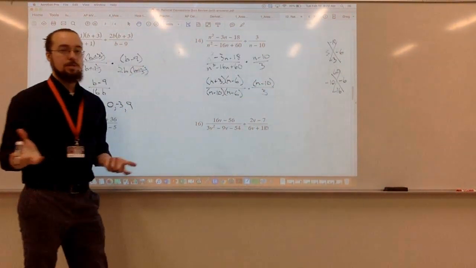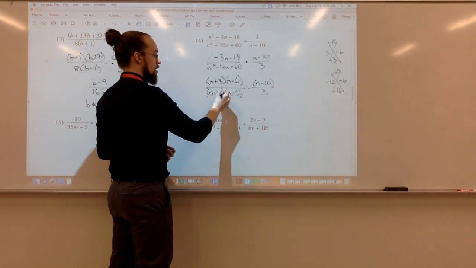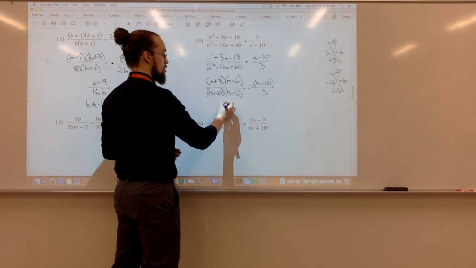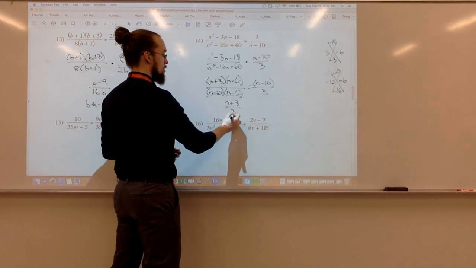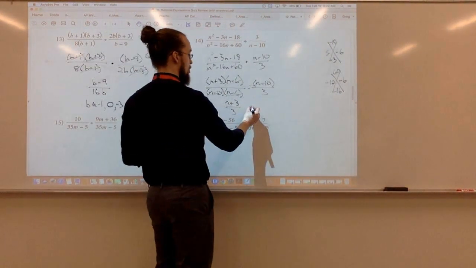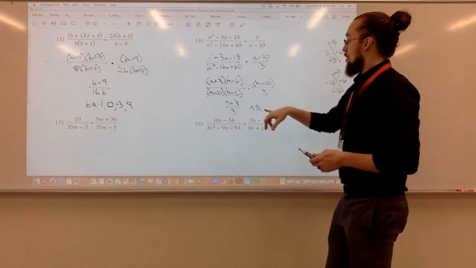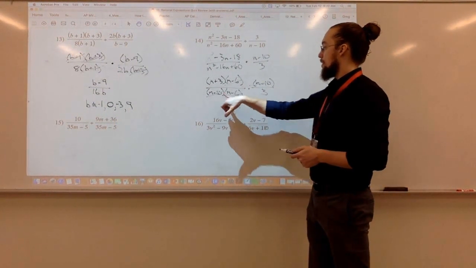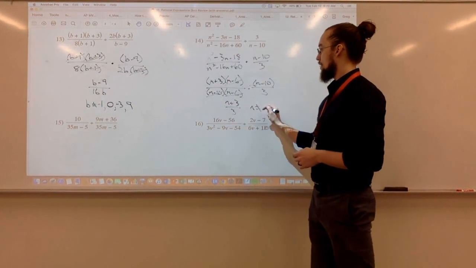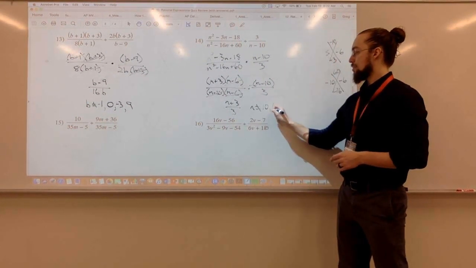I can cancel stuff out. Okay, so I can cancel out these n minus 6s, these n minus 10s, and I'm just left with n plus 3 over 3. Then we need our restrictions. So n cannot equal, let's see, from my denominators here, I've got n can't be 10 or 6.